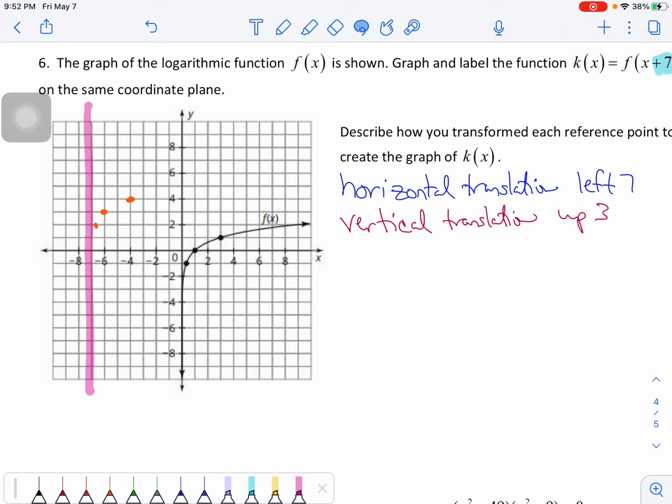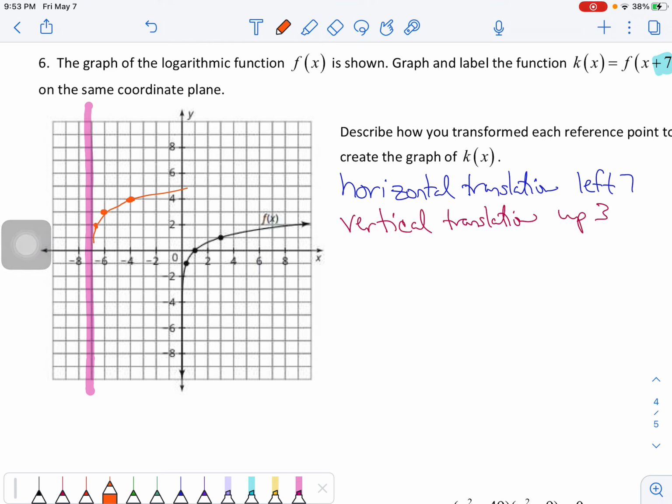The reason I'm going to do this, again, is it's going to help me when I go to draw my curve here, the transformed function. I want to make sure that I don't cross this vertical line. So when I draw through these, I don't want to end up over here. All right, so I'm going to use this as a guideline. That's what an asymptote is. It's a guideline for you.